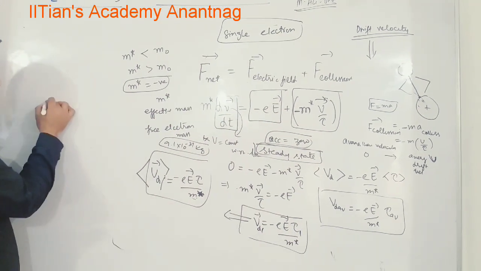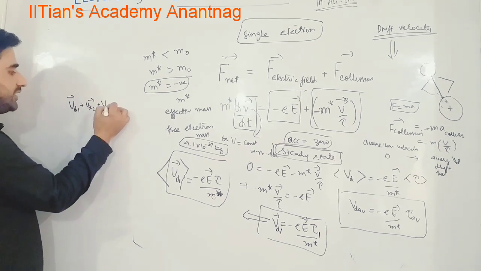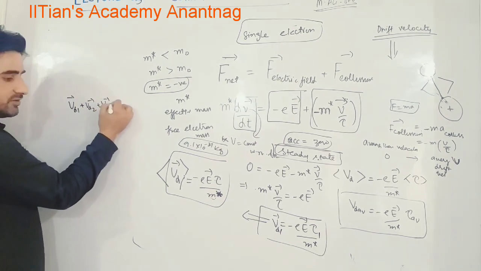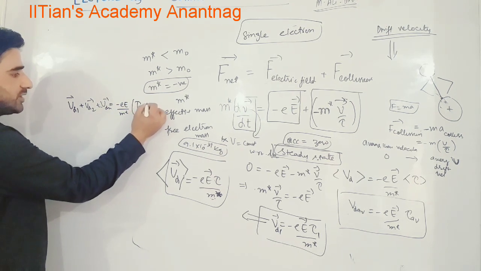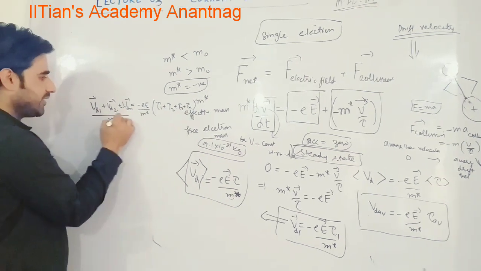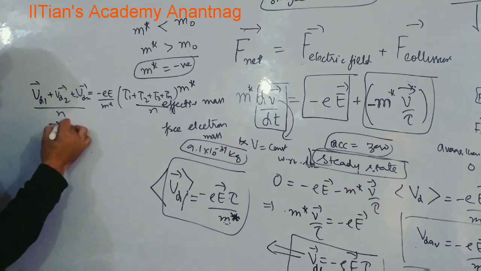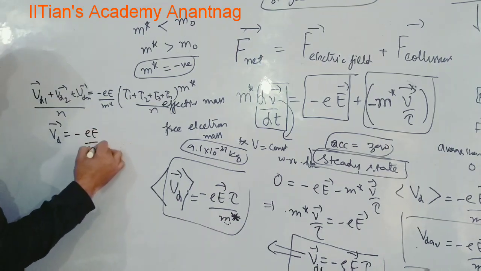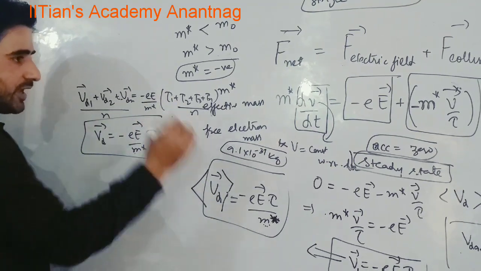For n electrons, Vd1 plus Vd2 plus so on up to Vdn is equal to minus E by m star, which is common, times tau 1 plus tau 2 plus tau 3 up to tau n. Now if I divide by n on both sides, I get average drift velocity is equal to minus E by m star tau average. Same expression as we obtained earlier. Okay, thank you.